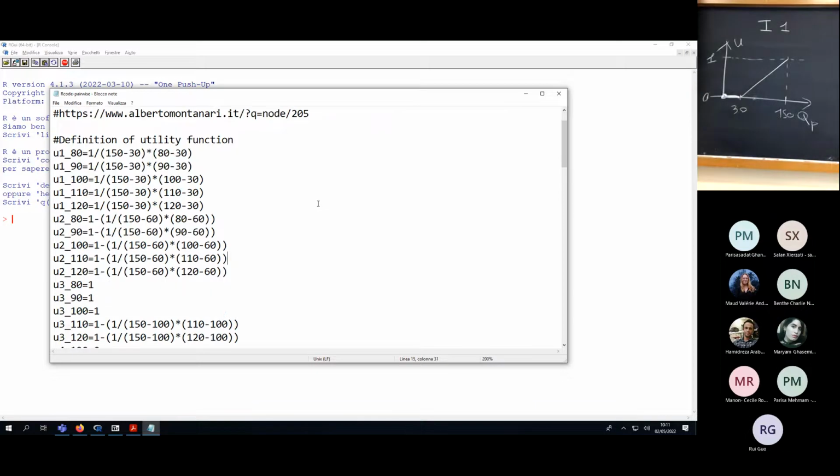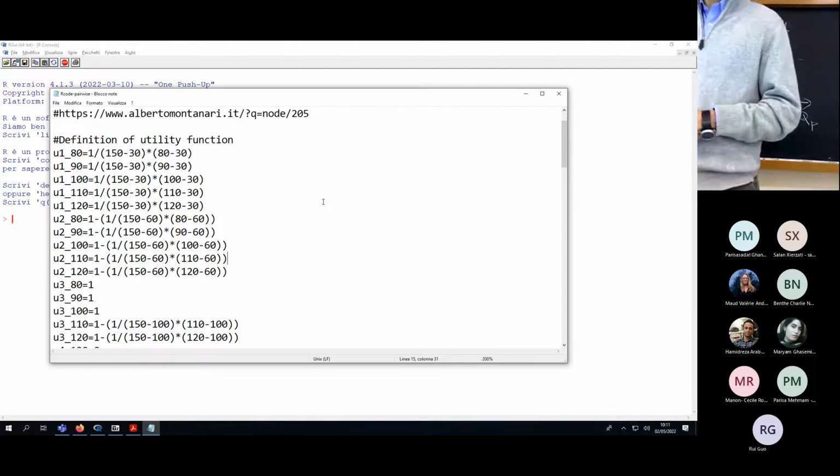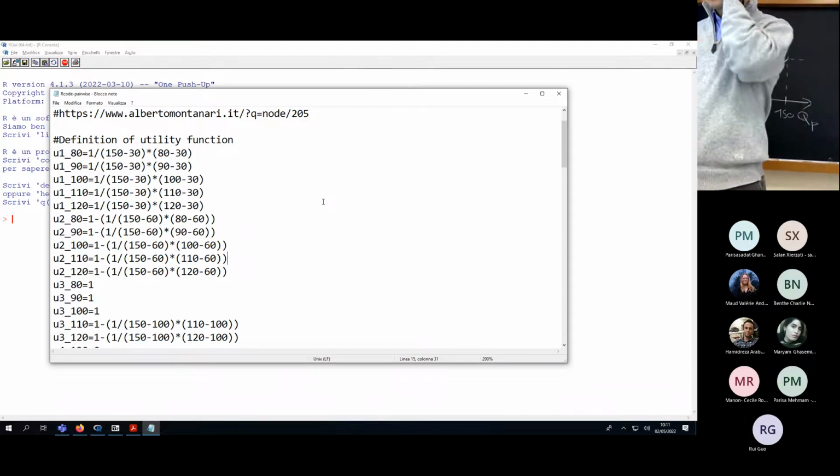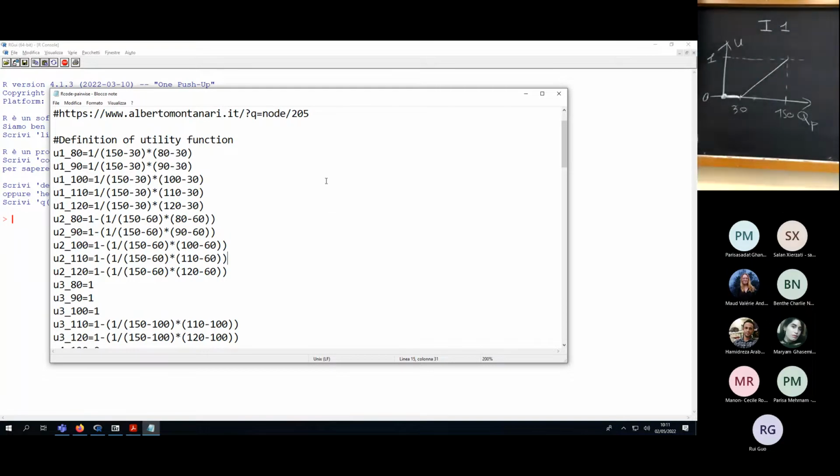The first thing that we have to do is to define the utility functions, to input them into R. What I'm doing here, let's just take this first instruction and put it into the console. Copy and paste.